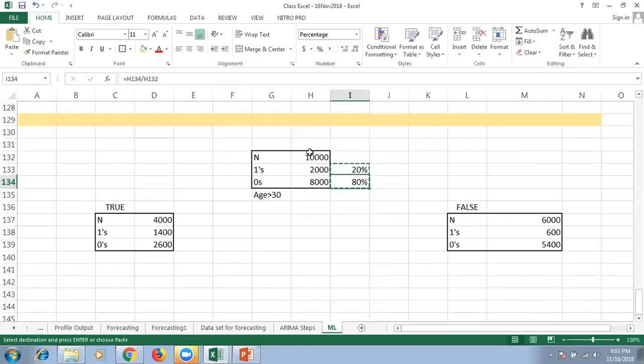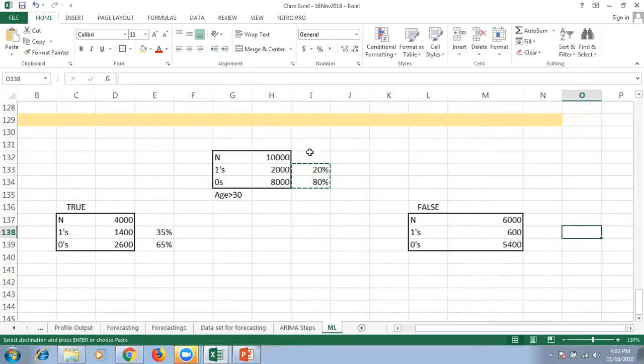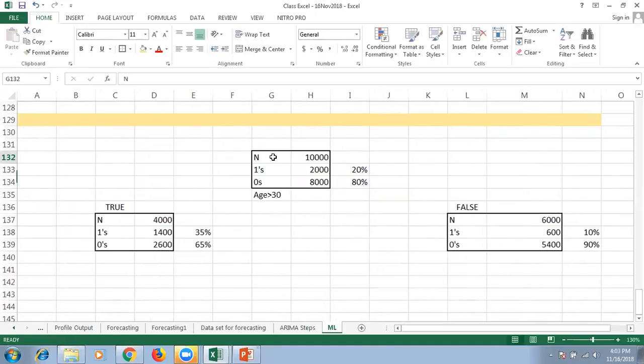So the same percentage if I apply it here. So now what did you observe here? When I look at this one, these customers are 20% ones. Overall, I have 20% bad customers. But if I look at the split, this split has only 10% bad customers.